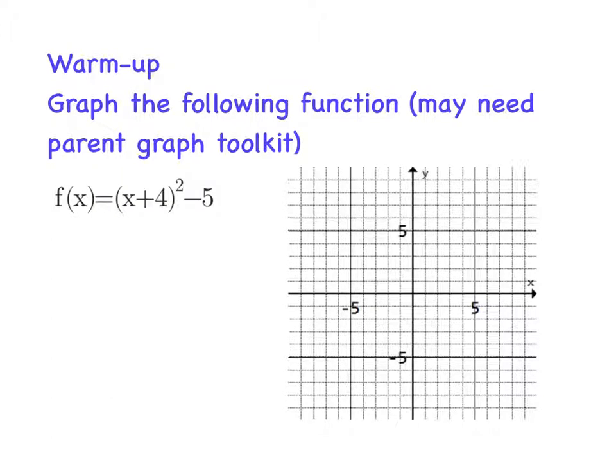I did this as a warm-up in class to remind everybody about the function of h and k. This first one's a parabola. If you remember our parent functions, going from those to our general equation, most of them had the form a(x minus h) plus k.